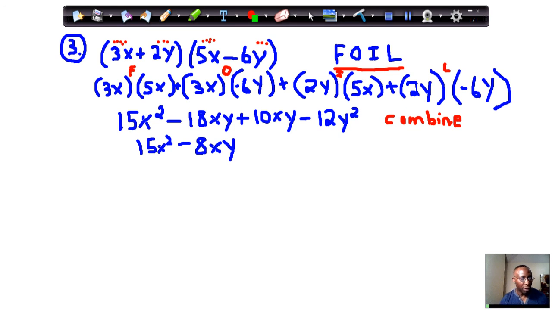Alright. And since we've done this one, let me use my little red and you'll see. Let's just strike out. We've done this one, we brought it down. We've done this one, we brought it down. And now all that's left is a negative 12y squared. There's nothing to combine with this, so guess what? It just comes down.